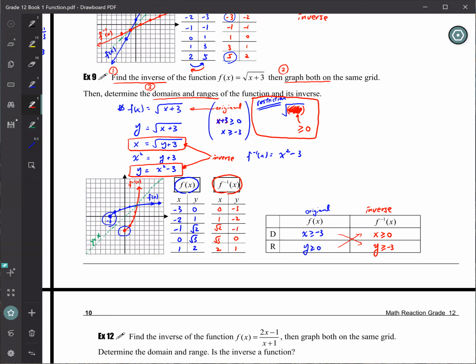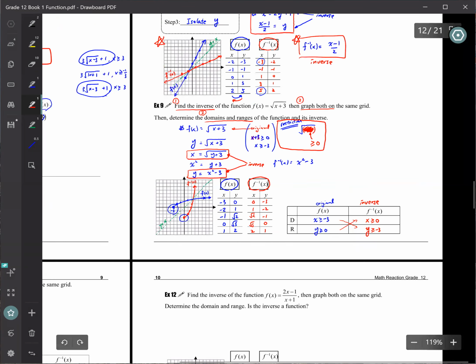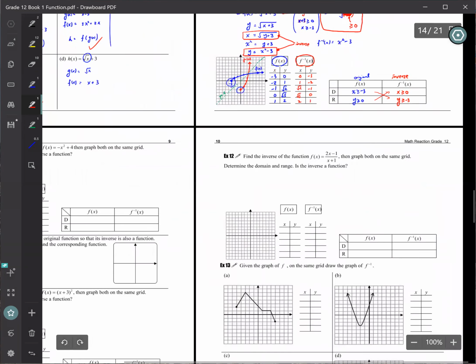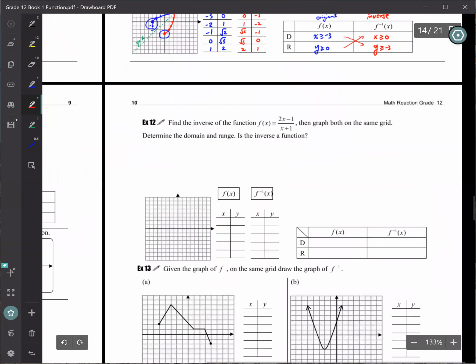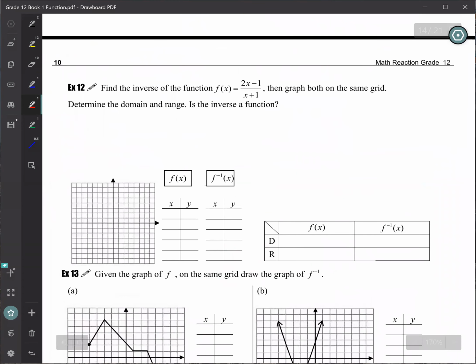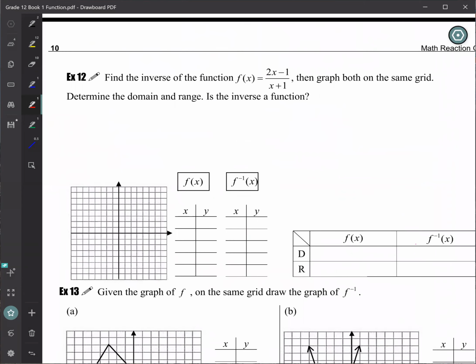Everything swapped over. Okay, so I think we have time to do one more. I want to skip to question 12. Let's do number 12 together. Same thing, we're going to do 3 steps.